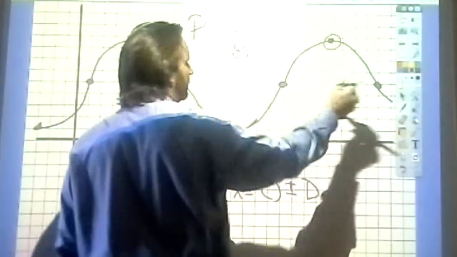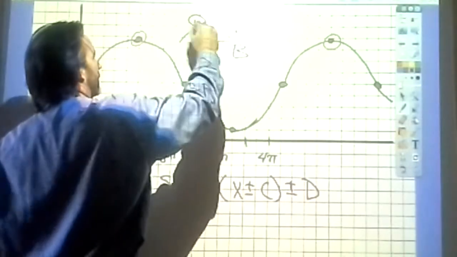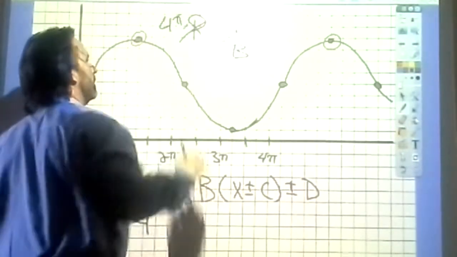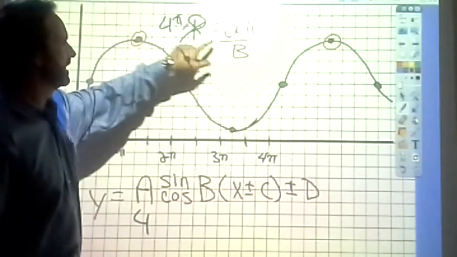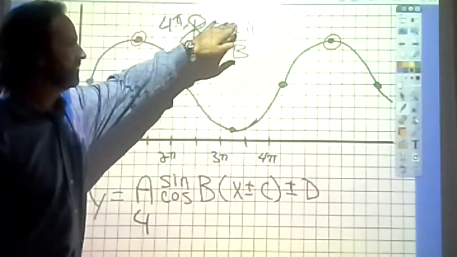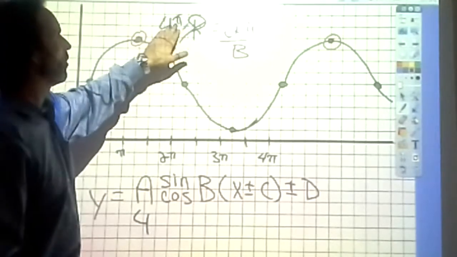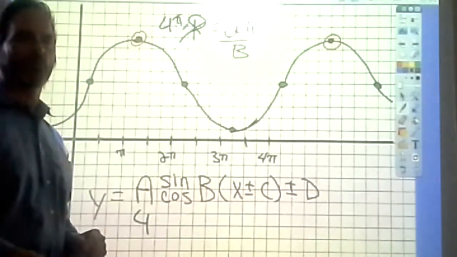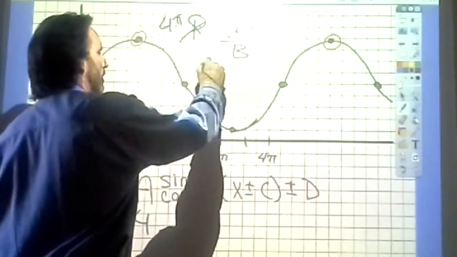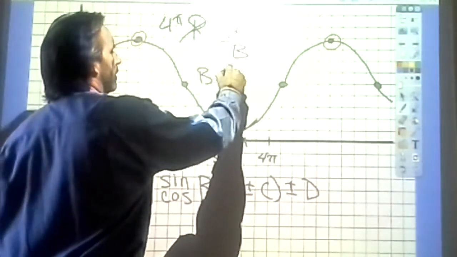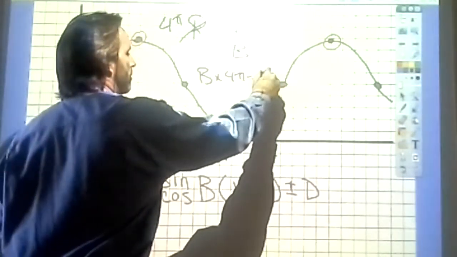Well, if my period is 4 pi, 2 pi divided by what gets me 4? Well, remember, this divided by this gets me this, so better yet, b times 4 pi gets me 2 pi. So b times 4 pi equals 2 pi.